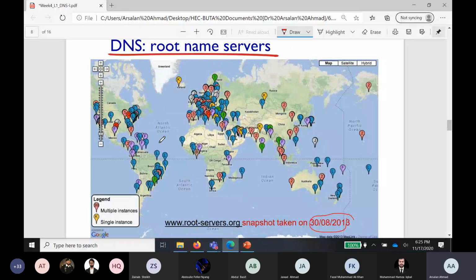So the purpose is to make sure that there is no single point of failure. There are multiple instances, and the user can find instances closer to them. That's the only purpose.